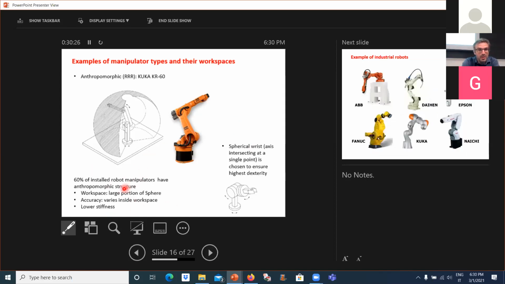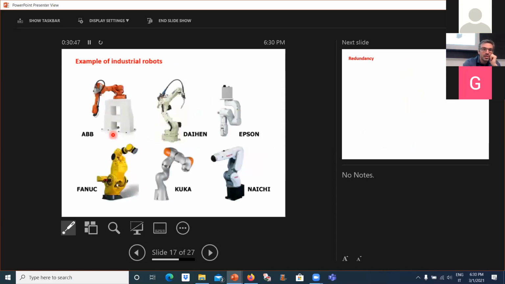And 60% of the installed robot manipulators have an anthropomorphic structure, and the workspace is a large portion of the sphere. The accuracy varies within the workspace, as I said, according to the configuration, according to the stiffness. It is different in different places.